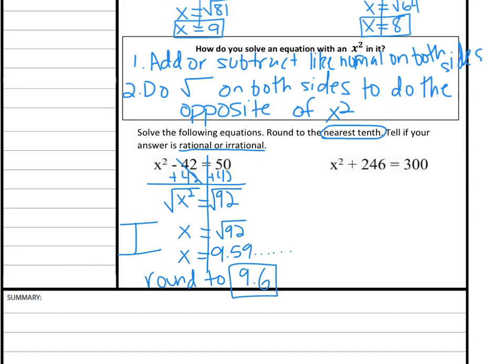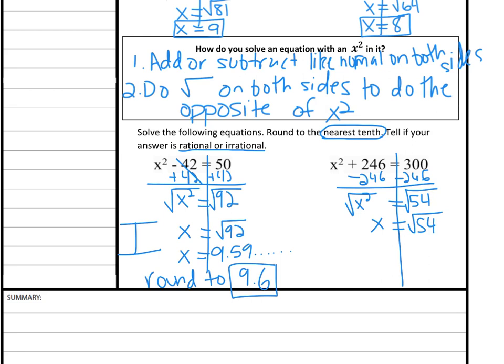Got one more to try. On this one, I need to subtract 246 from both sides. Then I get x squared equals 54. And I need to get rid of the square with a square root on both sides. So only x is left, and x equals the square root of 54.